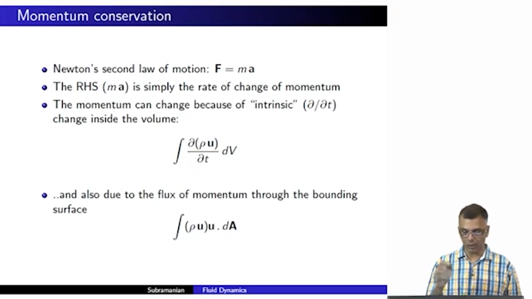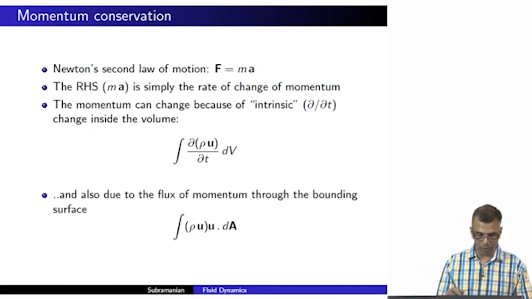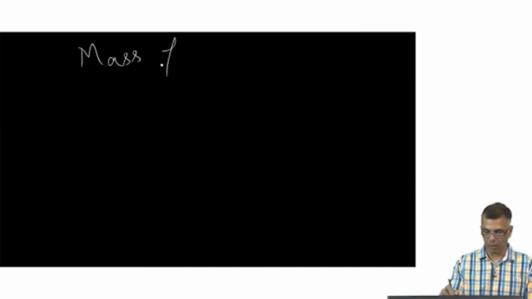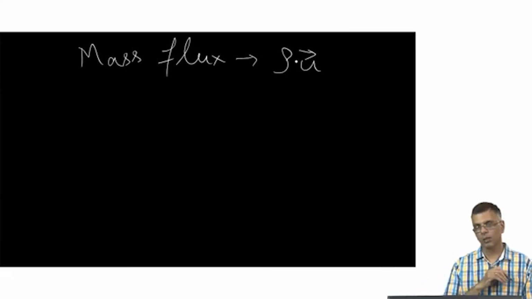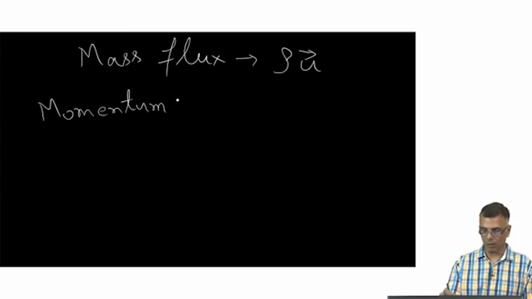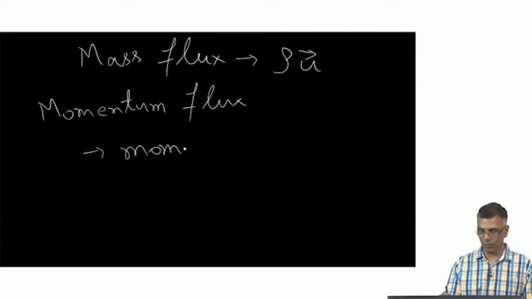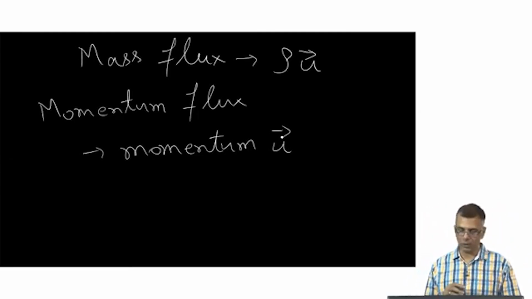You know, in order to get the mass flux, you recall, for instance, right? And momentum flux, well, momentum times u, in a way. Not quite. What's the main difference here?